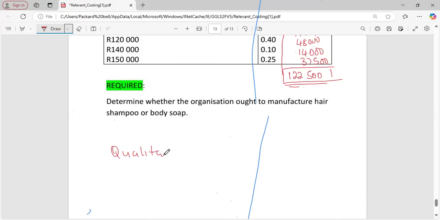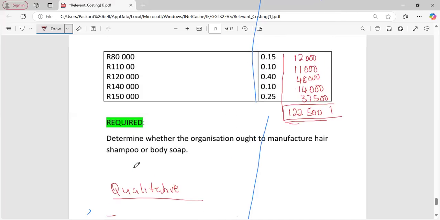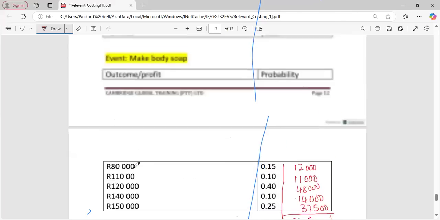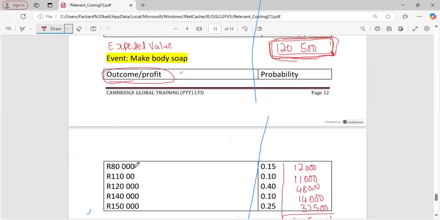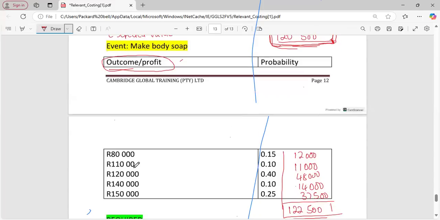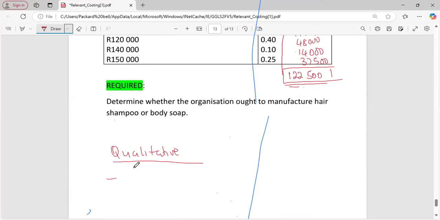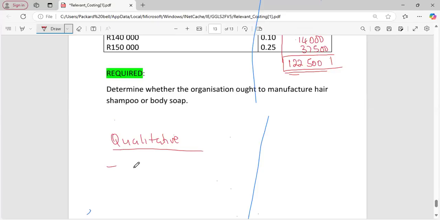Maybe the diversification of a product. Sometimes you may find that the income here, even though it's going to give us 120,500, is contributing revenue. So we can also talk of diversify.